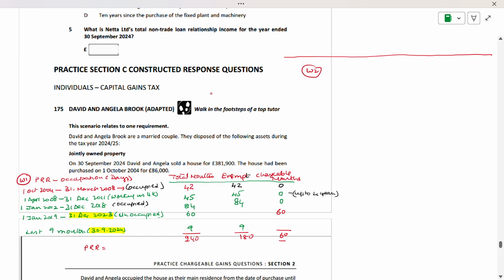Working 2 is with respect to the house. How much are the disposable proceeds? Disposable proceeds are 381. What is the cost?